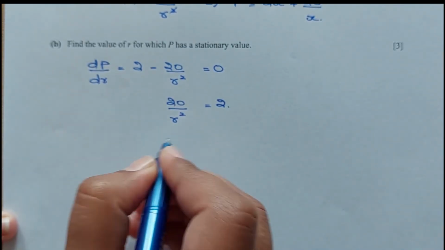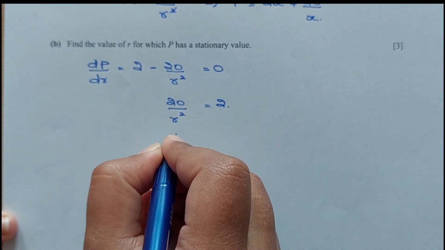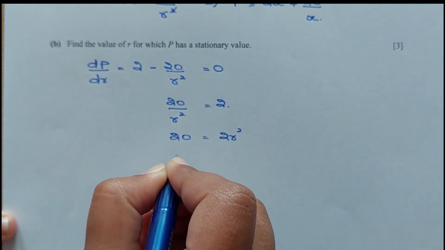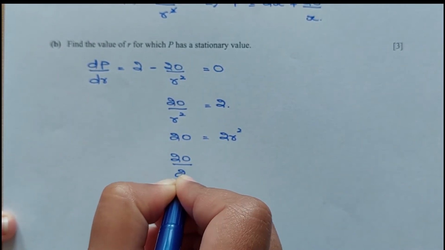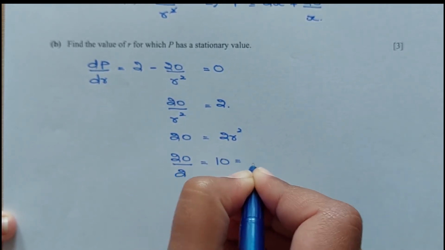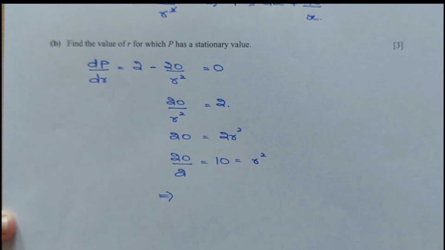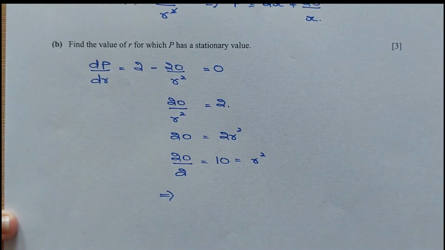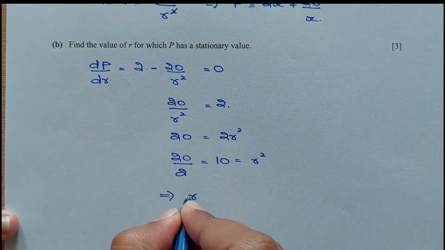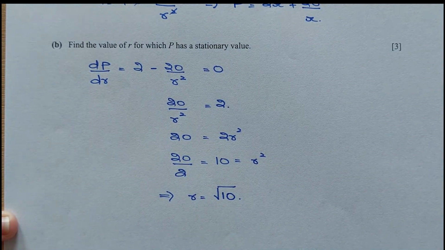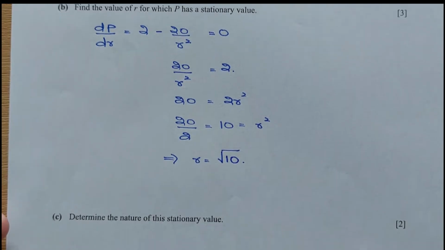Now cross multiplying, we have 20 equals 2r square, and 20 by 2 is 10, that is equal to r square. So the value of r for which p has a stationary point is r equals square root of 10.